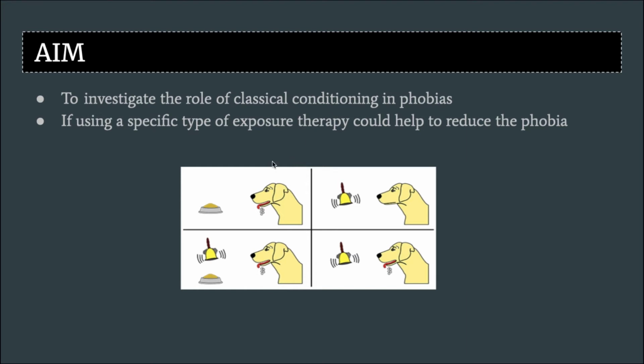In this case study, our unconditioned response is salivating, right? When you present a dog with food, he's going to salivate because he's hungry looking at it, right? So that is our unconditioned response. The dog is salivating looking at the food.